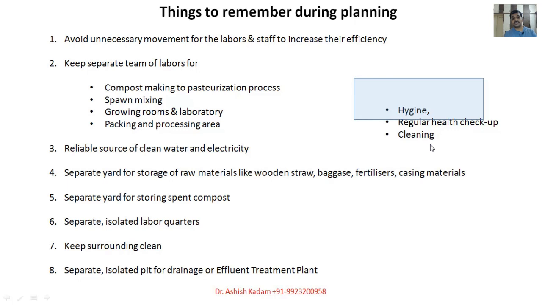You can change the directions of the gates of their quarters. You can provide a separate road for them, or you can have partitions of some good material between the farm and those labor areas, so that again cross contamination will not happen.